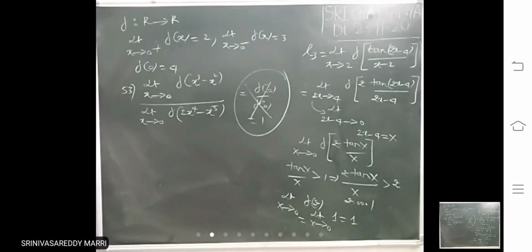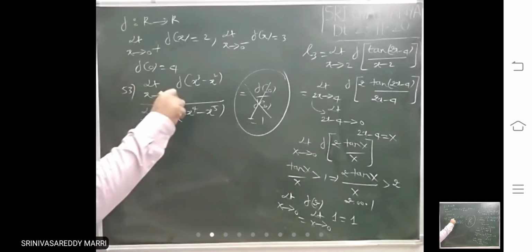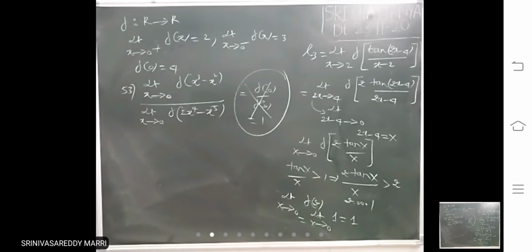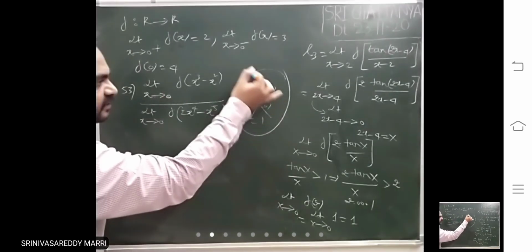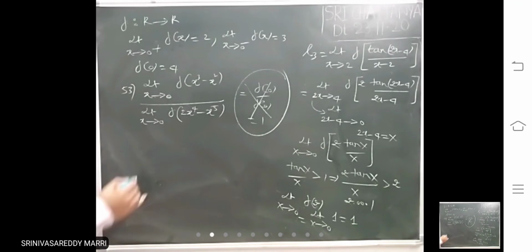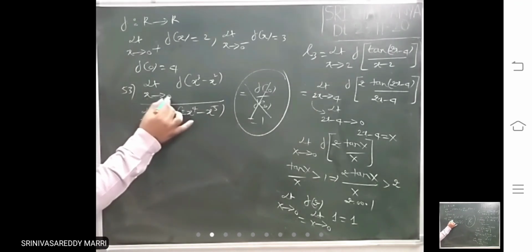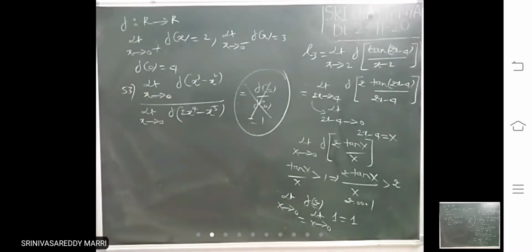Both are not equal. Limit is regarding just greater than 0 and just less than 0 values, not at x equals 0. You don't write x equals 0 and then f of 0 divided by f of 0. Suppose you take this one.